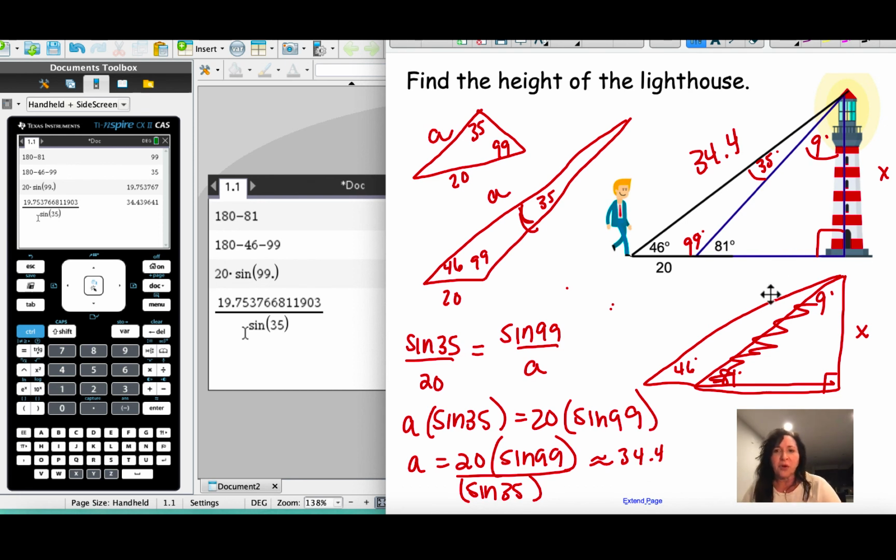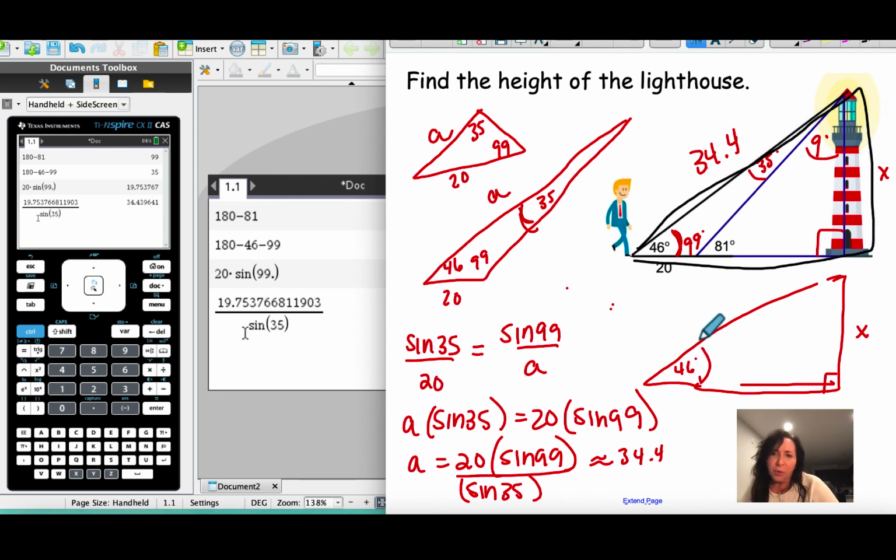34.4. And now with this information, I don't need any of the stuff inside. But what I do know is that's 46. What we're doing is we're using this big triangle. So that's 46, and this is 34.4.